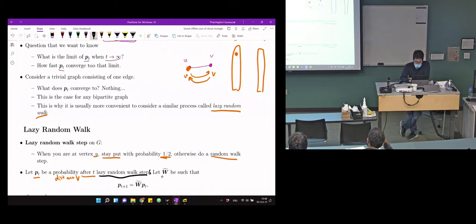Actually, this lazy random walk, you can encode it by some matrix as well, so that PT plus 1 is going to be W tilde times PT. Can you tell me what this matrix looks like?